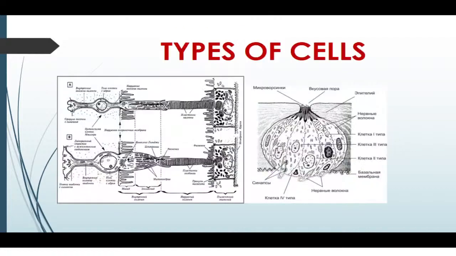Examples, please, we have seen in this next slide. From the left part, we have seen rods and cones. As you have seen, it consists of a cell body with a nucleus and processes, axons and dendrites.